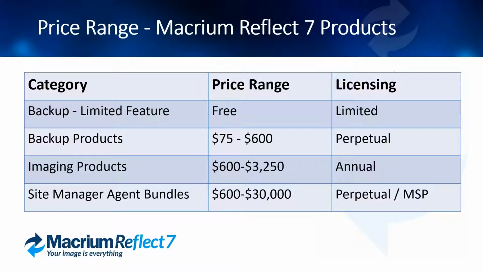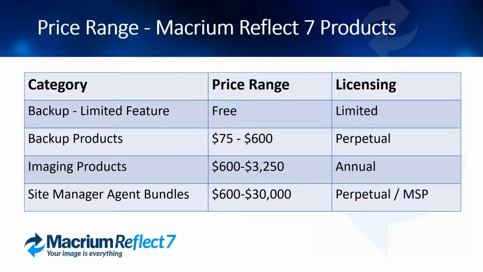Price range, we run the gamut from free all the way up to, I listed there, 30,000. Like I said earlier with our site manager, we're moving into environments that now have multiple 100, 200 licenses that they want to be backing up into different repositories, instead of 1 or 2 workstations and a couple of servers.